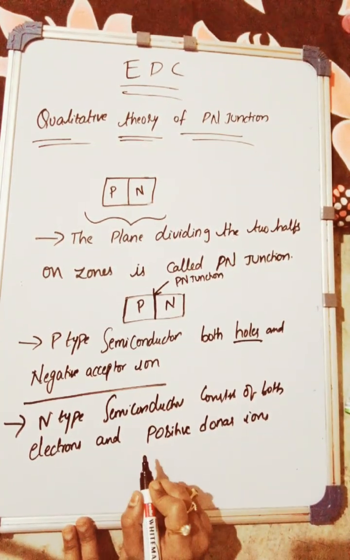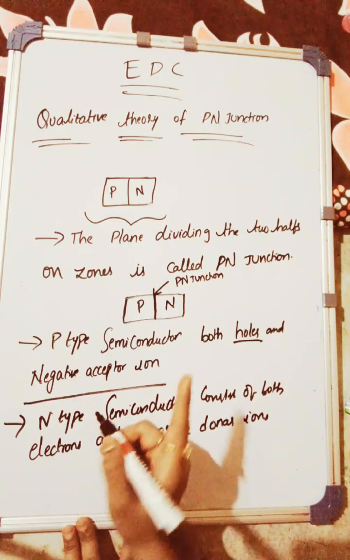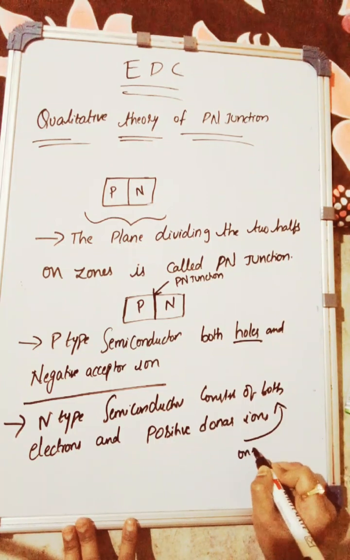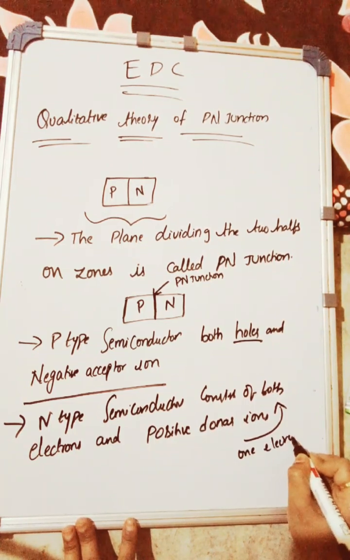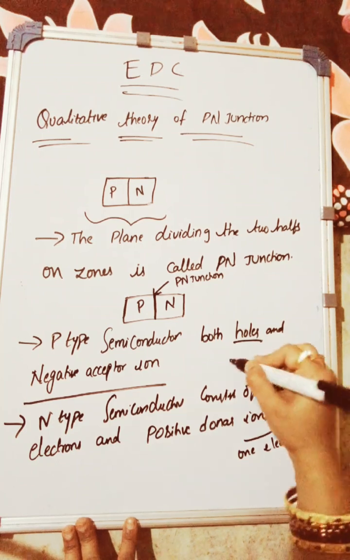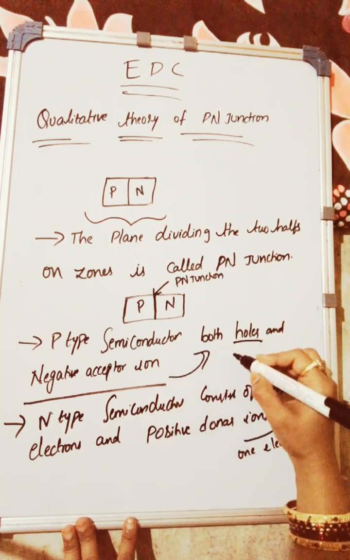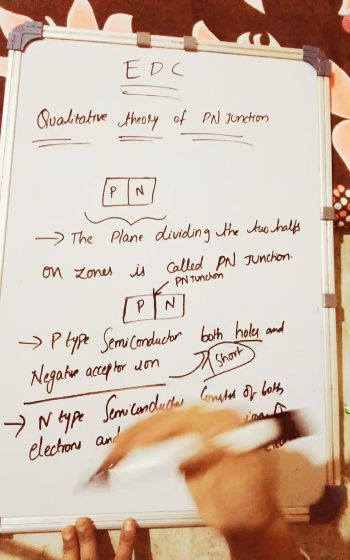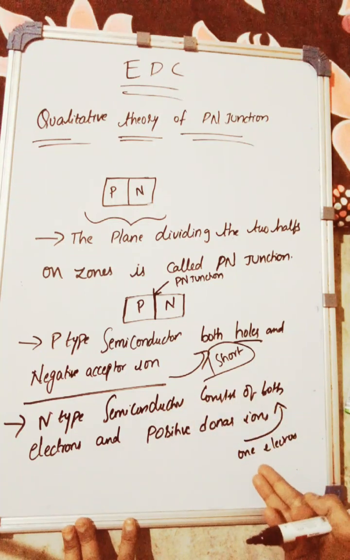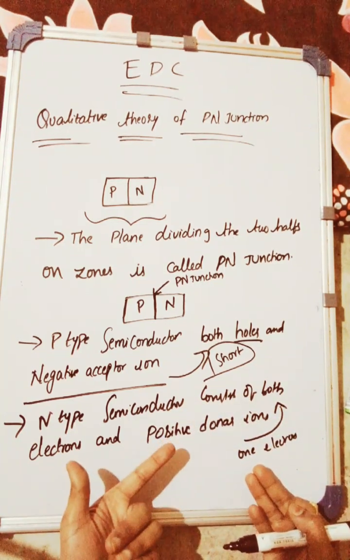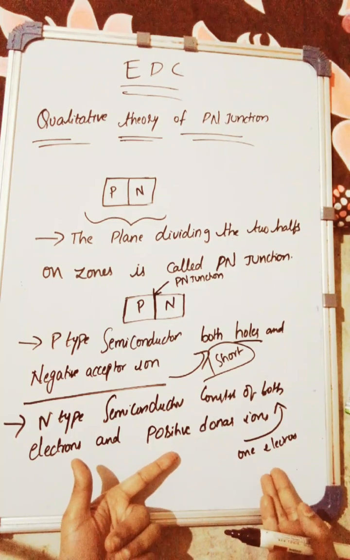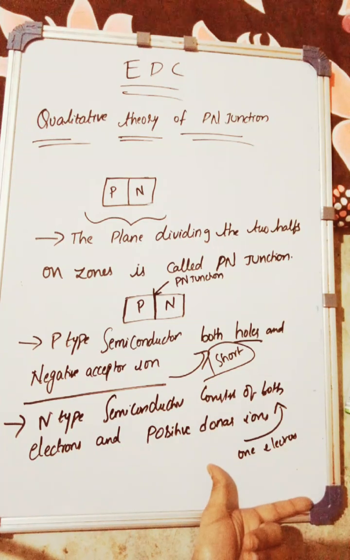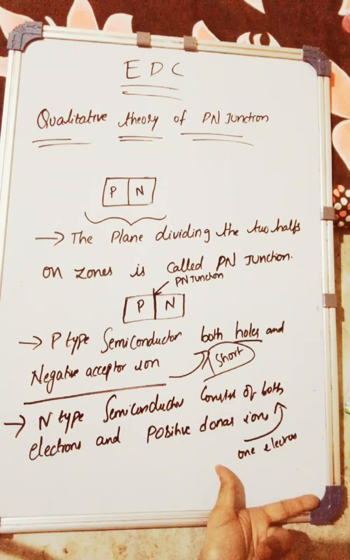Here the donor impurity atom donates one electron and becomes a positive ion, whereas in p-type the acceptor atom is short of one electron, meaning a reduction of one electron.